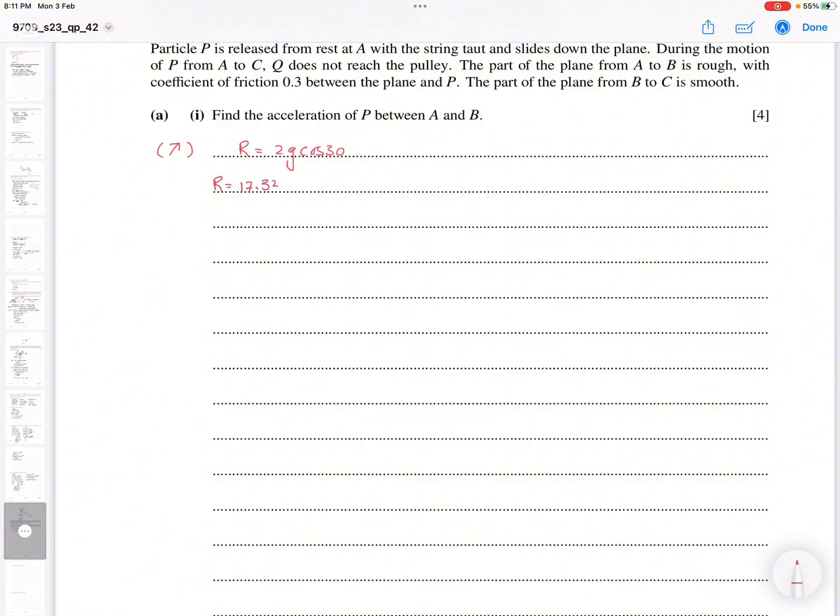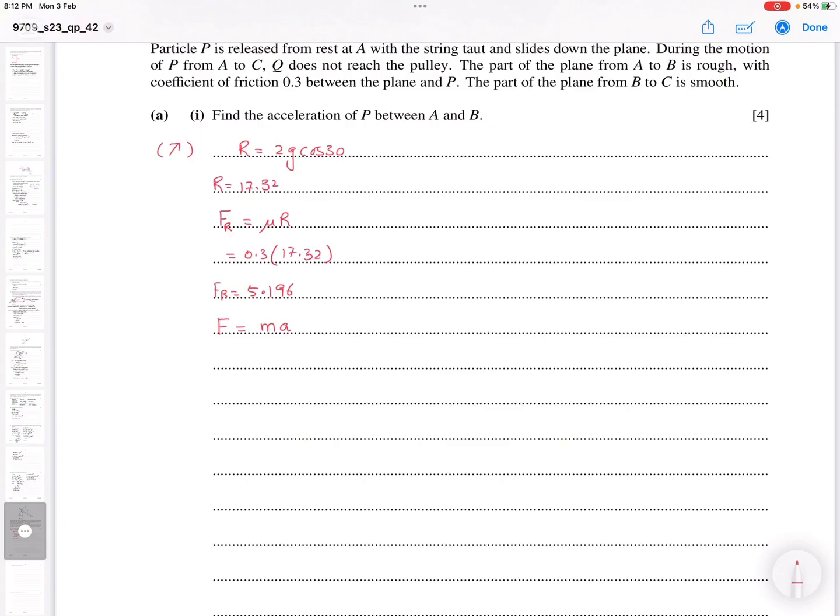Now frictional force is equal to mu R. So mu is given 0.3, and my R is 17.32, which I just found out. So my frictional force is equal to 5.196. Now use Newton's second law of motion, which is F equals ma.